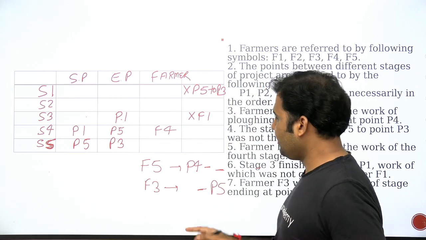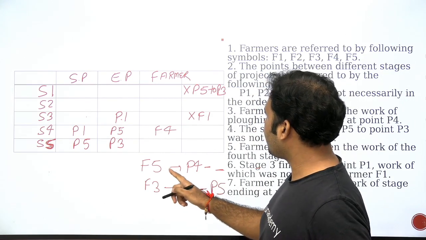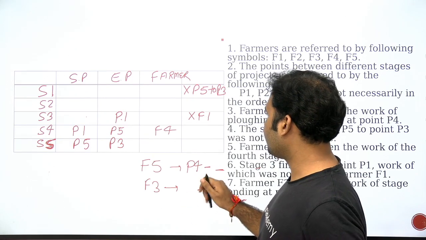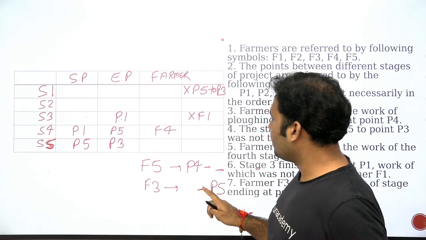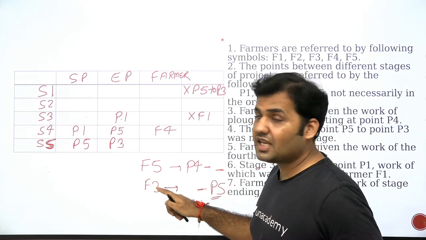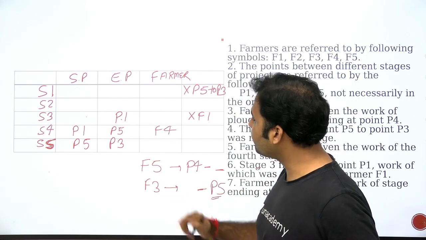Okay. Now tell me, guys, where will I place the farmer F5 for P4? The person whose stage is ending at P5 should be farmer F3.